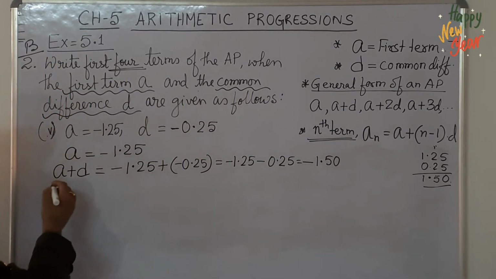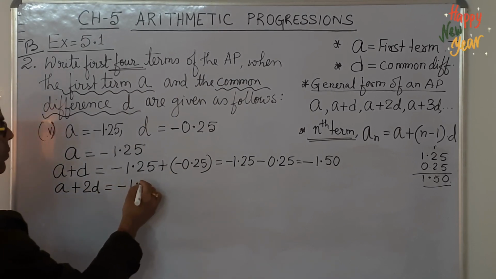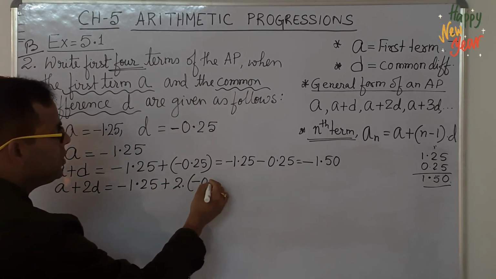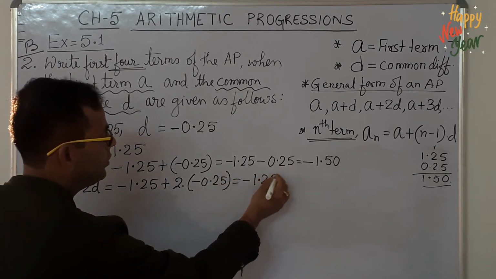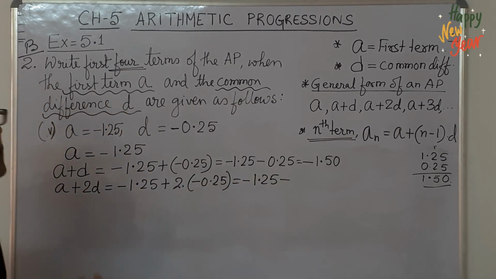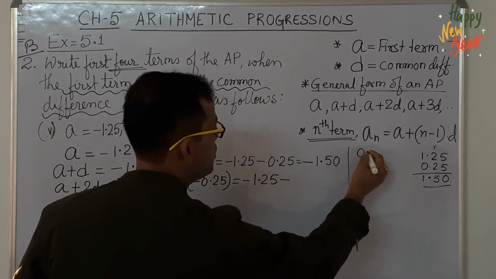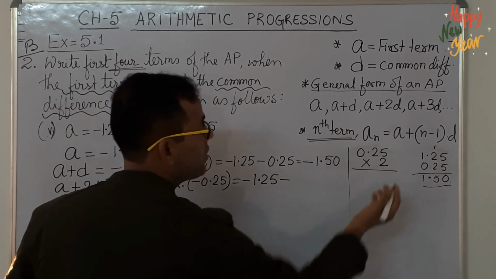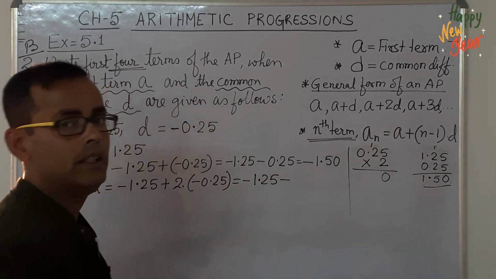Okay. Then next one, A plus 2D. So minus 1.25 plus 2 into D value, which is minus 0.25. So minus 1.25. Now plus into minus, minus. Now 2 into 0.25. If I do the rough, 0.25 into 2. Clear? So it will be 0.50. 2 5s are 10, 1. If you can do orally, you can do it.